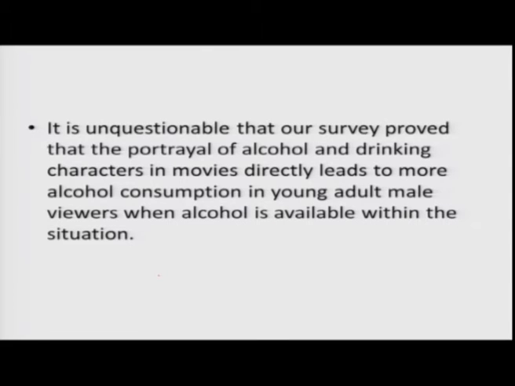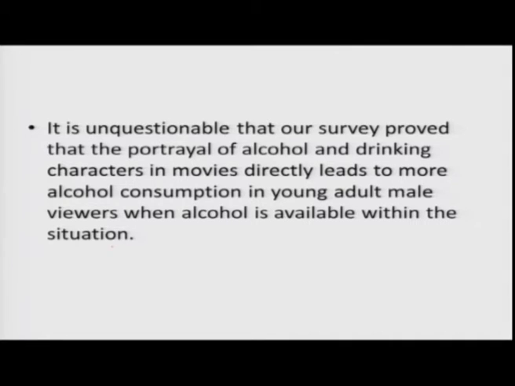Let us look at one more example. It is unquestionable that our survey proved that the portrayal of alcohol and drinking characters in movies directly leads to more alcohol consumption in young adult male viewers when alcohol is available within the situation.